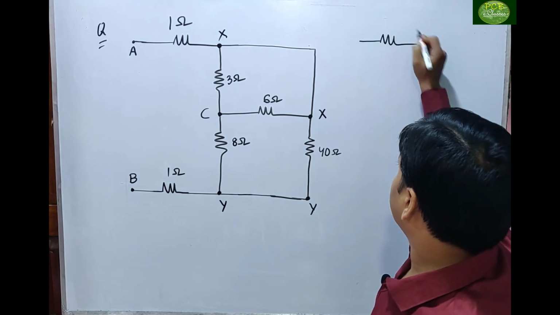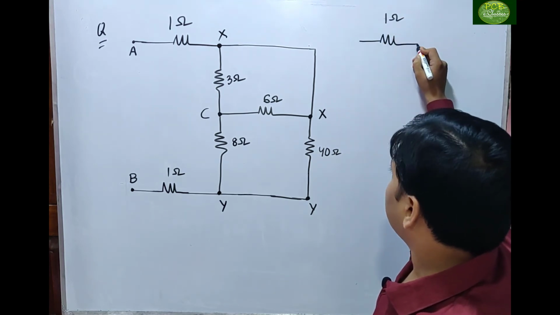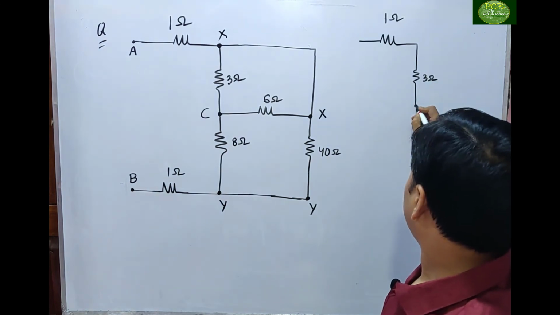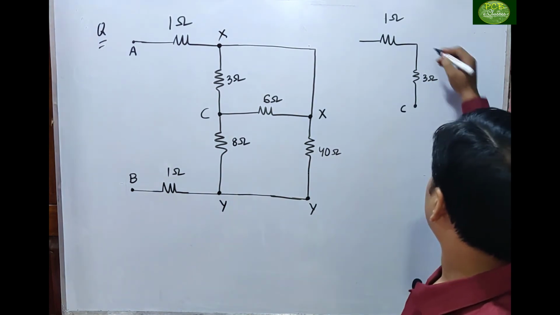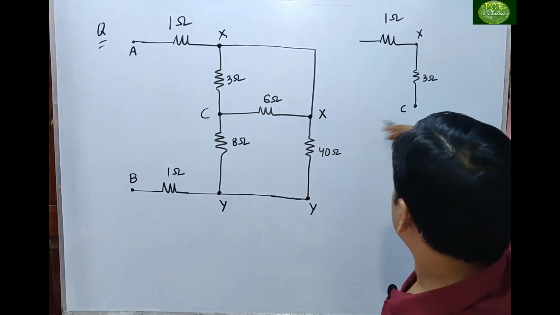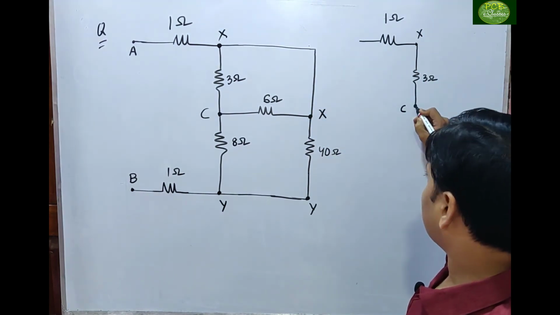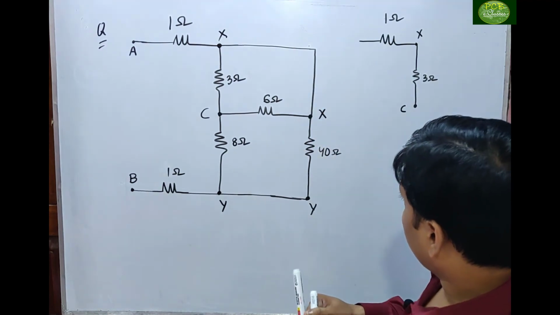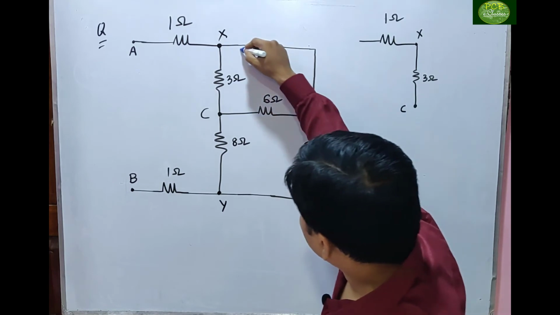This is 1 ohm. Here it is 3 ohm till C. Then after, this is the x point, so I can connect this one. So what will be there? This 6 ohm will be dragged here. This 6 ohm starting point will be dragged here.